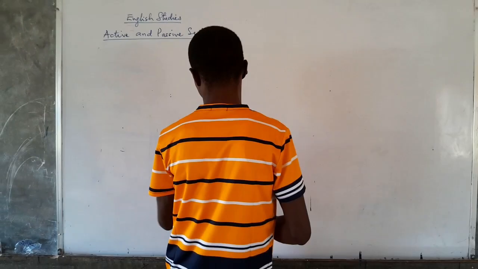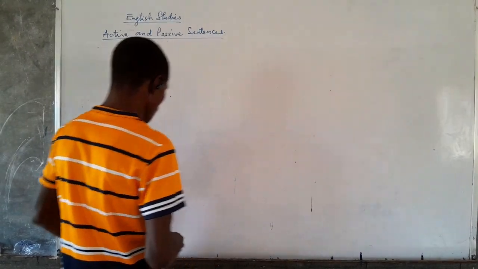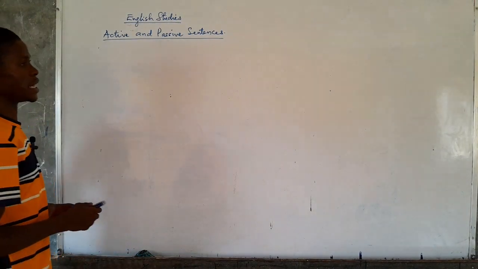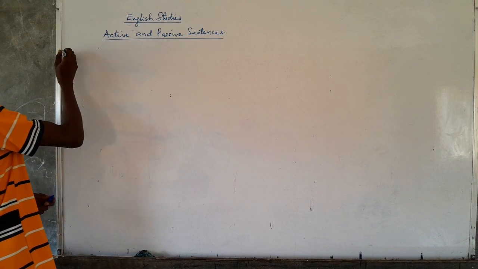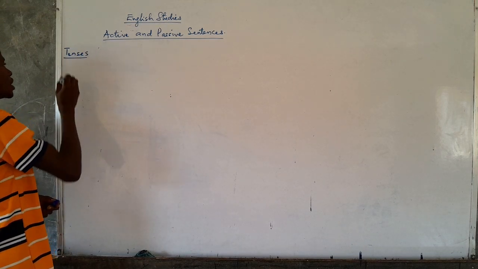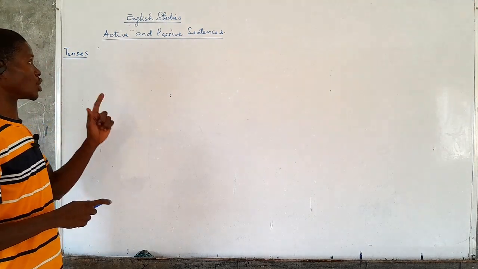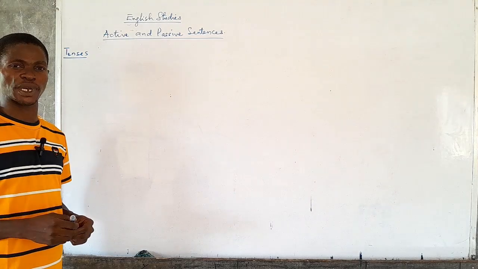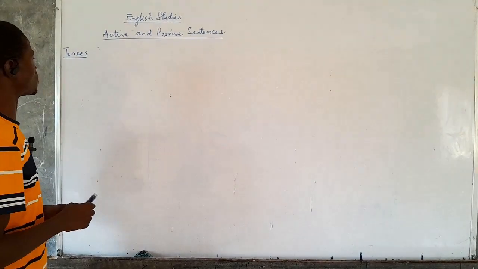What are the passive verbs that we need to determine? Before we actually go to determining passive verbs, we need to consider the various kinds of tenses that we have. This is another aspect that we need to look into when we're talking of active and passive voice and verbs.